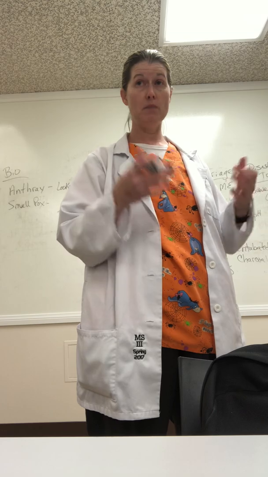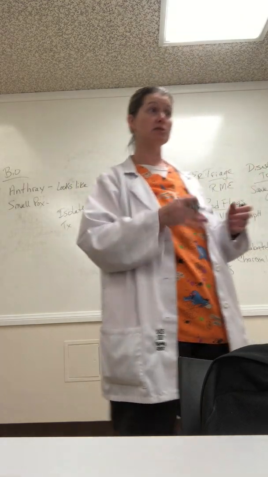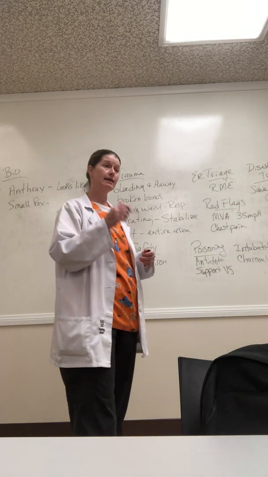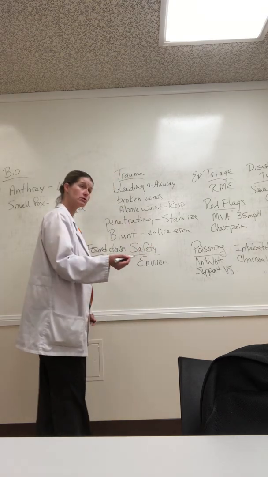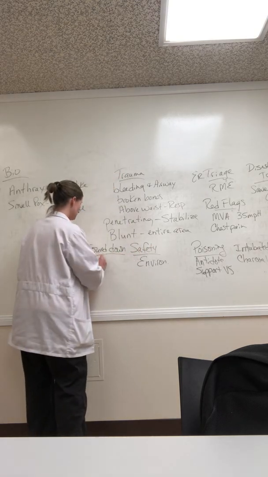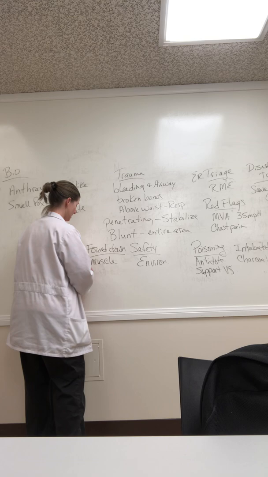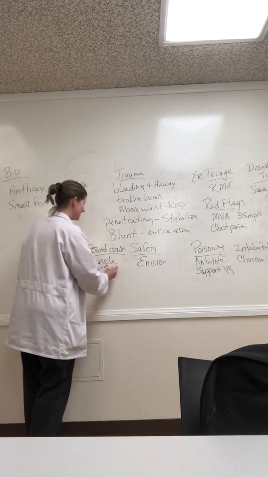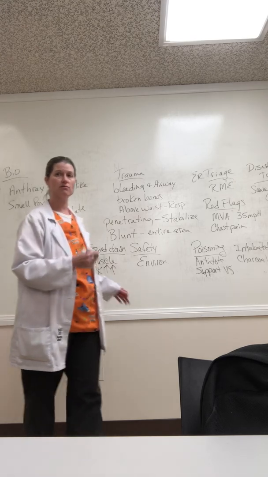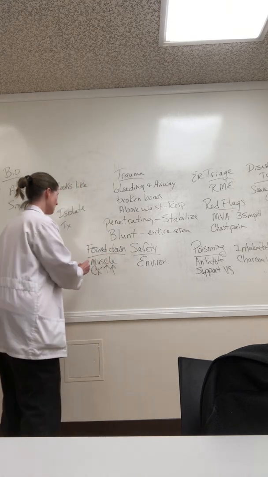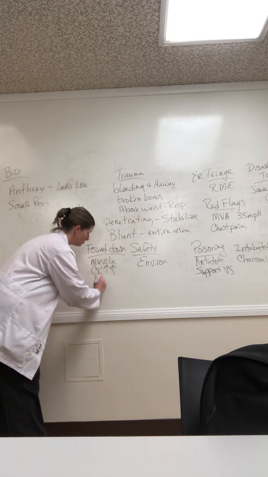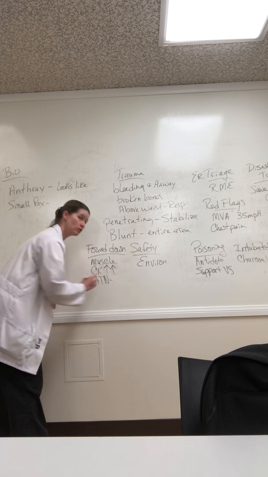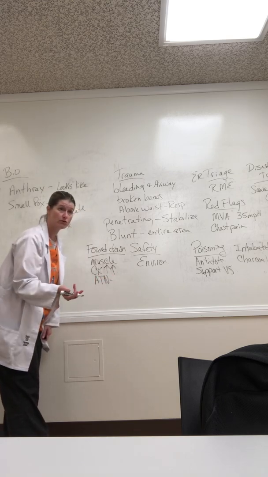And myoglobin is big, so it gets trapped in all the little vessels, and it can cause acute tubular necrosis. So if we have muscle damage, our CK will be super high, we're talking could be 10,000. It's just a non-specific measure of muscle damage. It can cause acute tubular necrosis, and your urine will turn red, so that's how you know that you've got muscle damage.